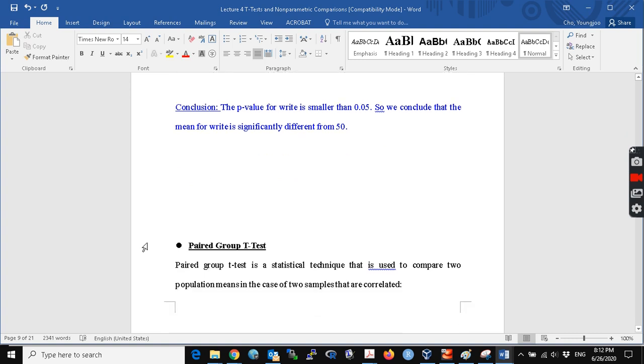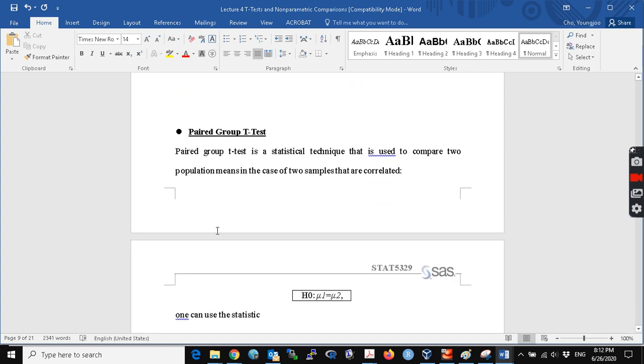So that's our conclusion. Now let's talk about the paired group t-test. The paired group t-test is used when you have two measures from the same unit, and you want to test the difference between the two measures.